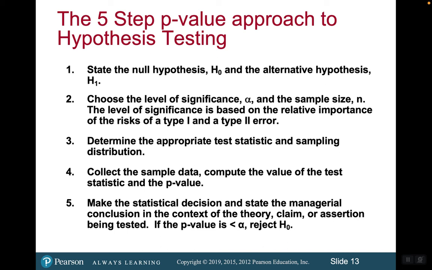Number one, define both the null hypothesis and its opposite, which is our alternative. We want to choose the level of significance and the sample size. This level of significance is a number we pick based upon the relative importance of the risks of either a type 1 or a type 2 error.